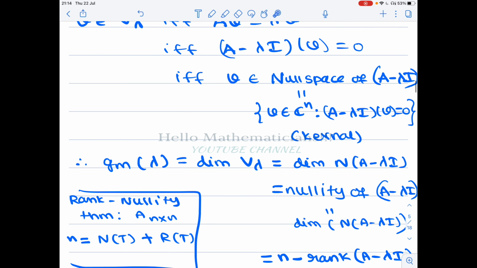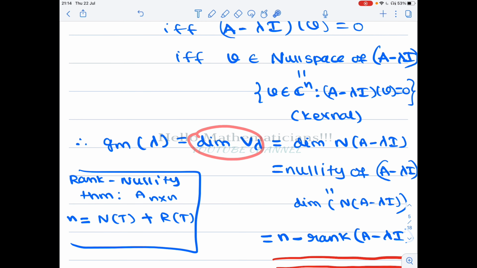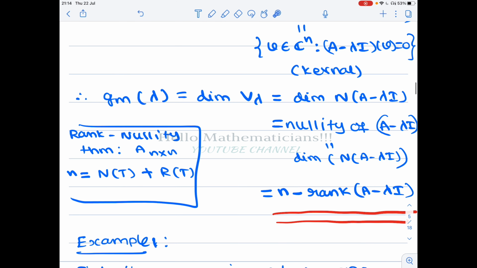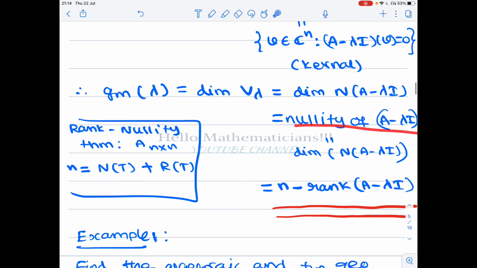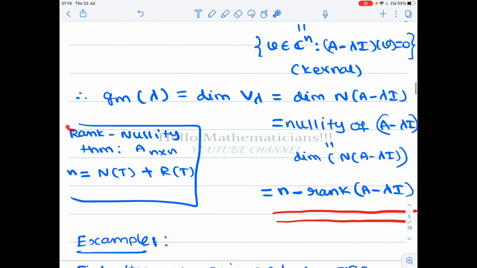Therefore, the geometric multiplicity of lambda equals the dimension of V lambda, which equals the dimension of the null space of A minus lambda I. The dimension of the null space is called the nullity of A minus lambda I. By the rank nullity theorem, the nullity of A minus lambda I equals n minus the rank of A minus lambda I. What is the rank nullity theorem?